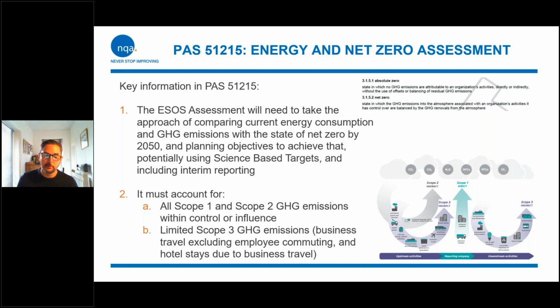It also specifies, so number 2, that the greenhouse gas emissions that we include and report upon must include all of your scope 1 and your scope 2 greenhouse gas emissions within the control or influence of the organisation. So scope 1 are your direct emissions, so that might be, for example, the combustion of natural gas, the combustion of transport fuel at your site or on your vehicles on the road.